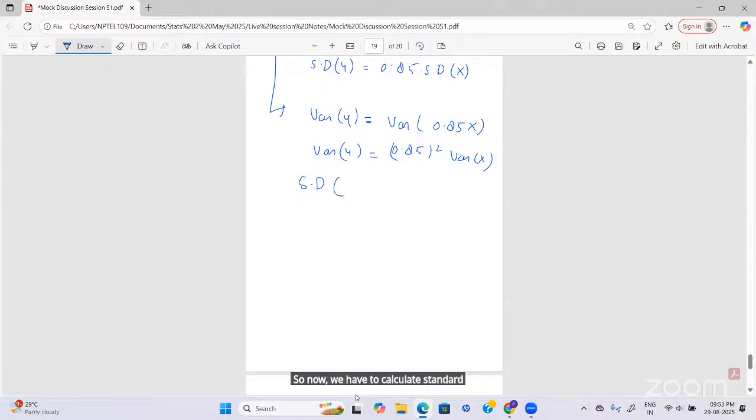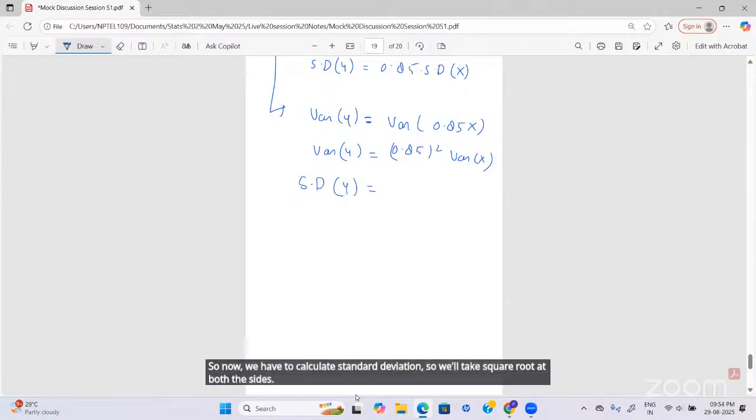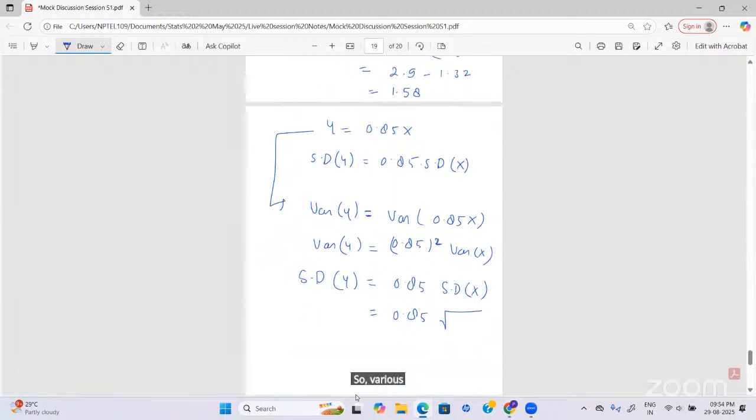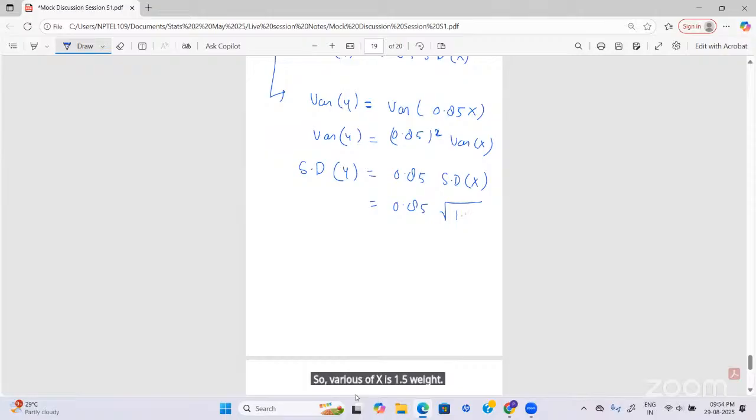We'll take the square root on both sides. The square root of 0.85 squared is 0.85, and the square root of the variance of X gives you the standard deviation of X. So 0.85 times the standard deviation of X, which is the square root of the variance of X. So the variance of X is 1.58. Now just solve it.